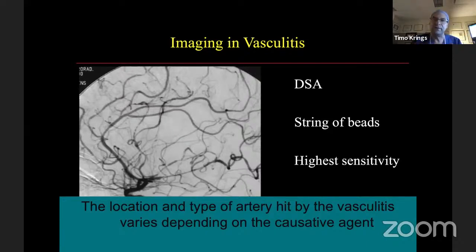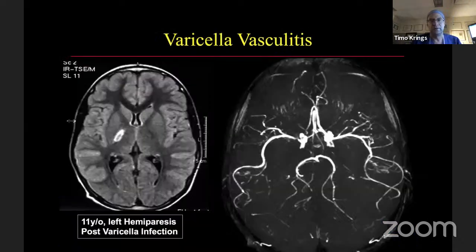A Wegener vasculitis will hit the small vessels. But a lupus vasculitis will hit the smallest vessels that are even so small that you will not be able to visualize them on digital subtraction angiography. Varicella vasculitis likes to be focused on the proximal M1 segments.